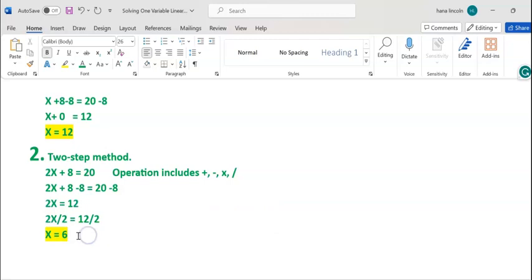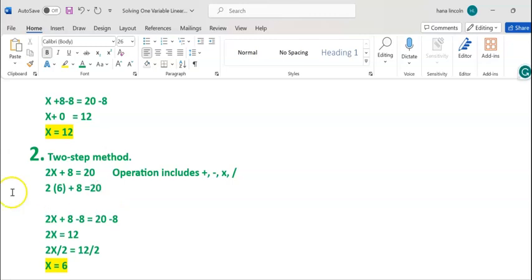Again, you can check if our answer is correct by plugging the value of x into the original equation. Okay, let's check it out. 2 times the value of x, times 6, close parenthesis, plus 8, equals 20, right?